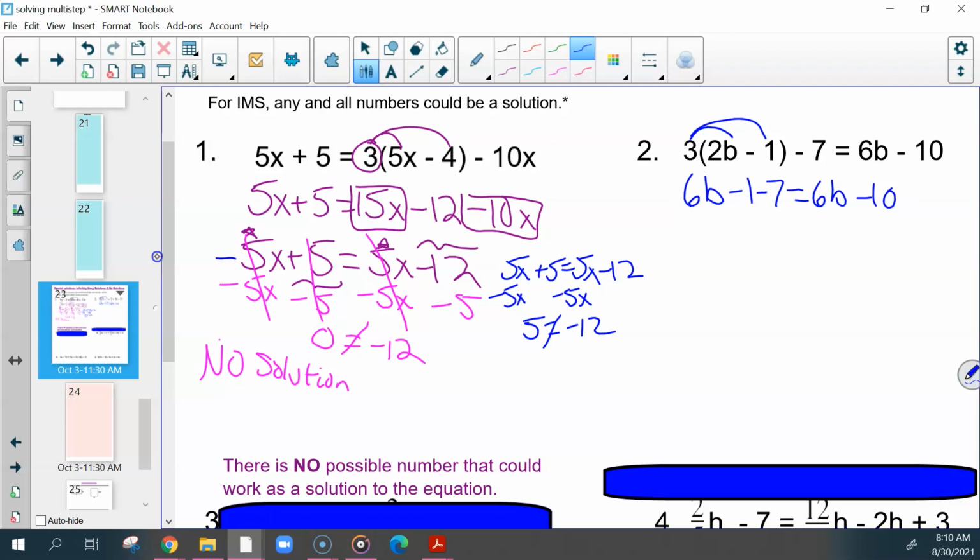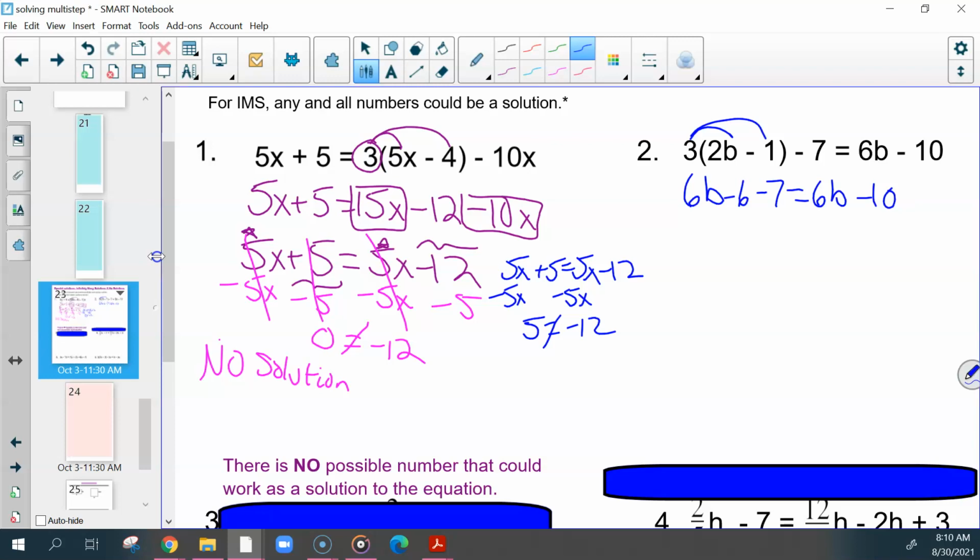Now, if this was negative 5 and positive 5, then it's going to work out to be one solution because the coefficients are not the exact same. But if they're exactly the same and these are different, it'll be no solution every single time.